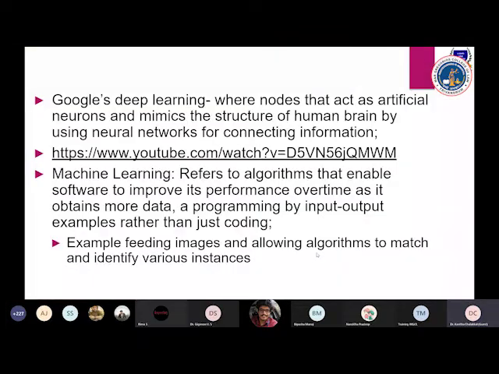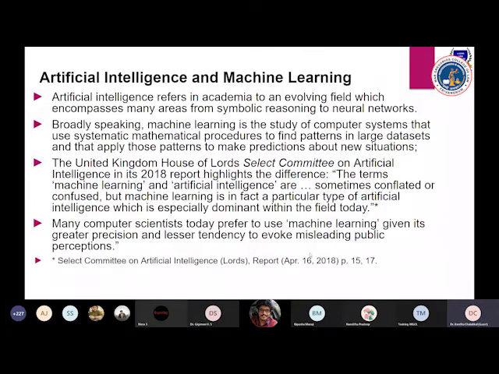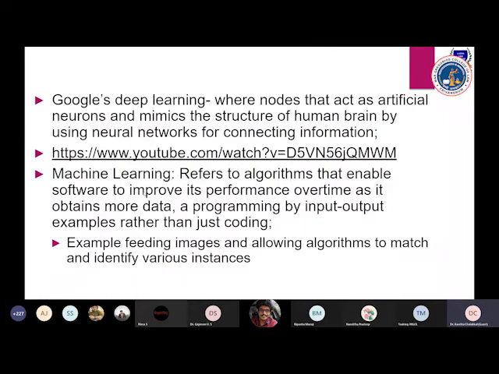When we talk about artificial intelligence, one of the most commonly heard terms is machine learning, ML and DL, machine learning and deep learning. Machine learning basically refers to algorithms that enable software to improve its performance over time as it obtains more data, programming by input-output examples rather than just coding.